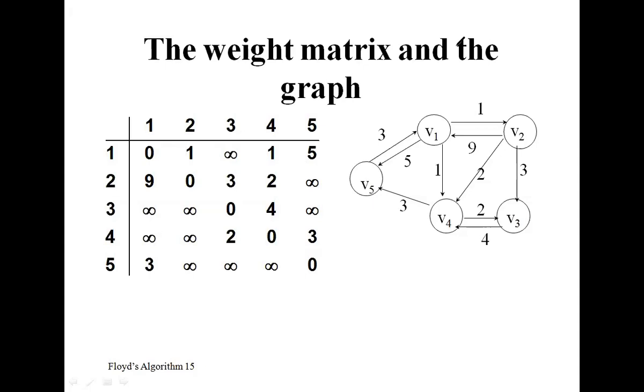From the same vertex to the same vertex, the distance from 1 to 1 is 0, from 2 to 2 is 0. That is why we have taken 0, 0, 0, 0, 0.